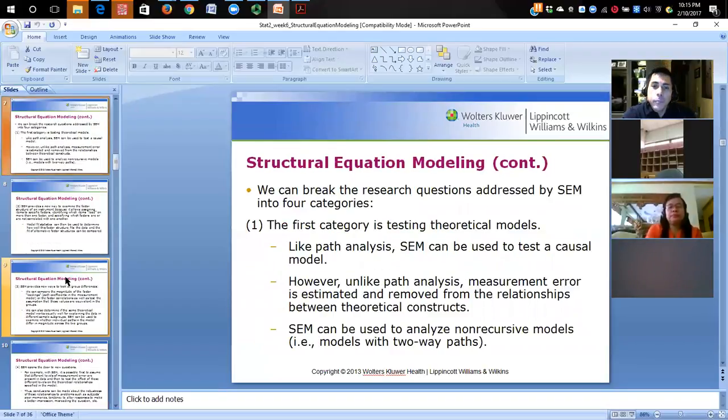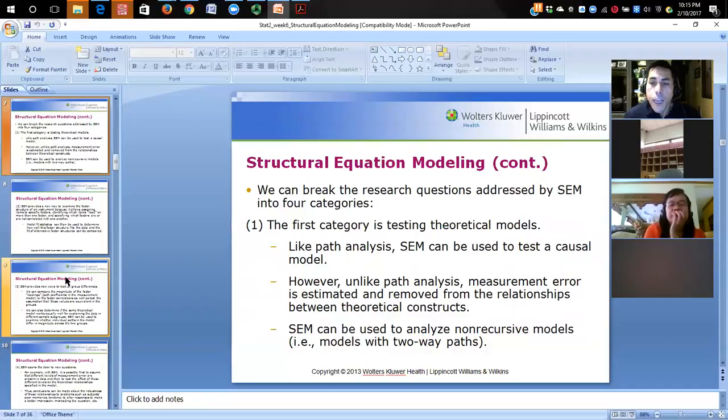We can break the research question addressed by SEM into 4 categories. The first category is testing the theoretical models. We will cover next week, which is the last part of our statistics 2, path analysis. Like path analysis, structural equation modeling can be used to test causal relationships.